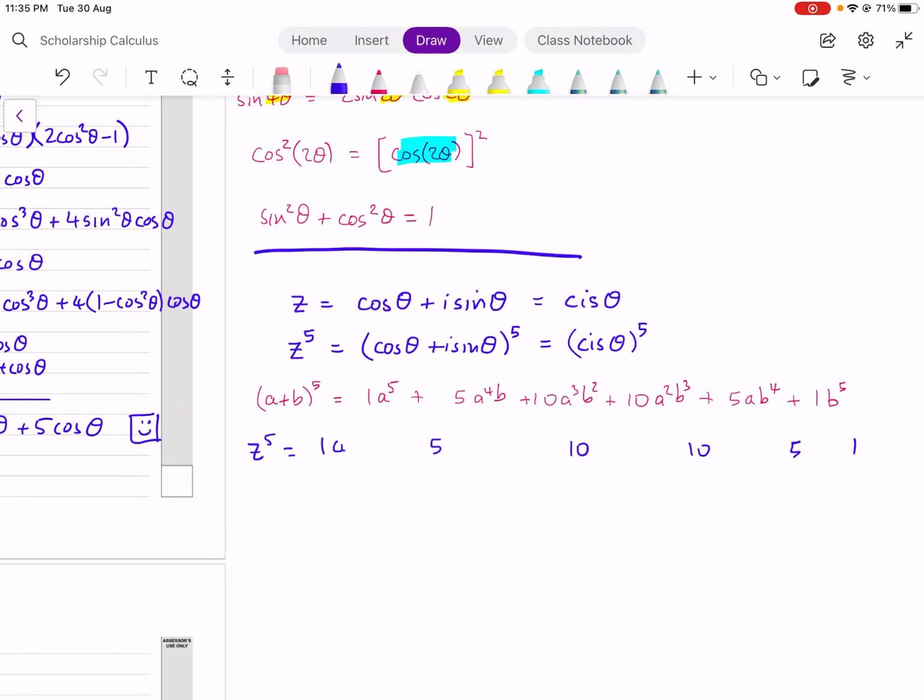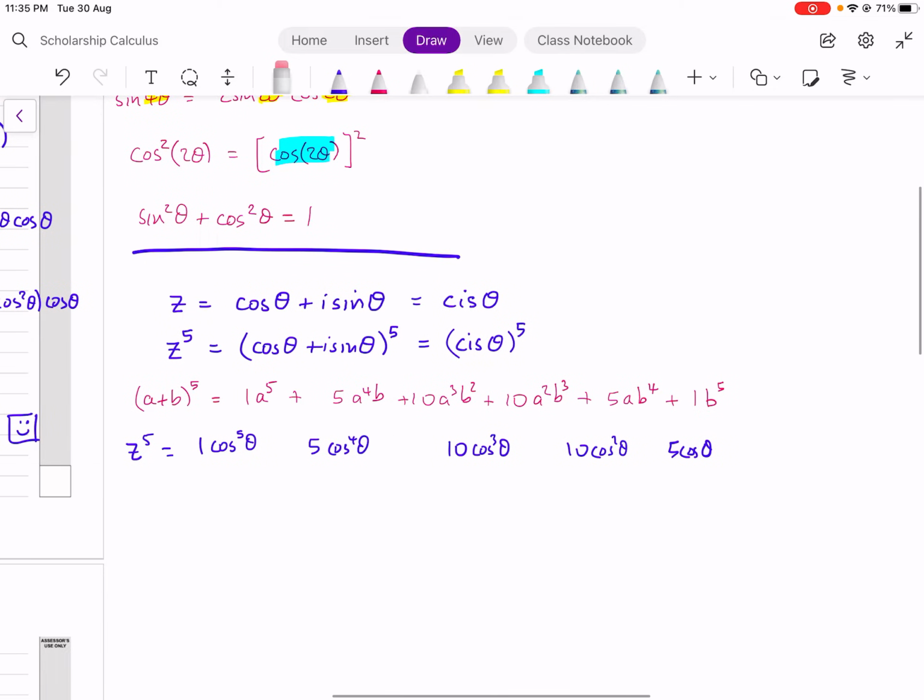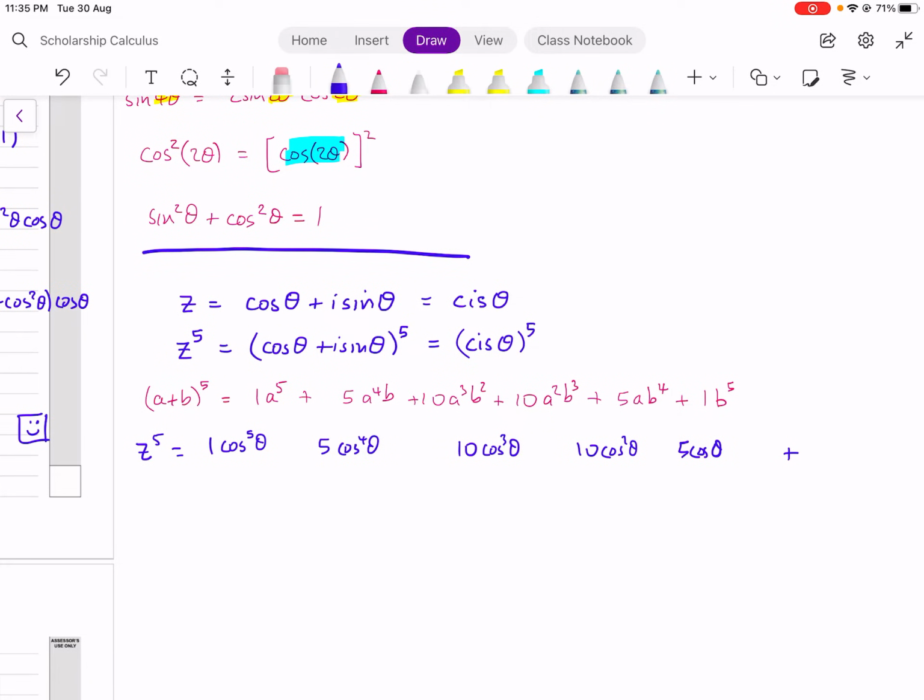We start off with the first term, cos theta to the 5, which is cos to the 5 theta, cos to the 4 theta, cos cubed theta, cos squared theta, cos theta. I'm going to run out of space. This is definitely easier if you're quick with binomial expansions.